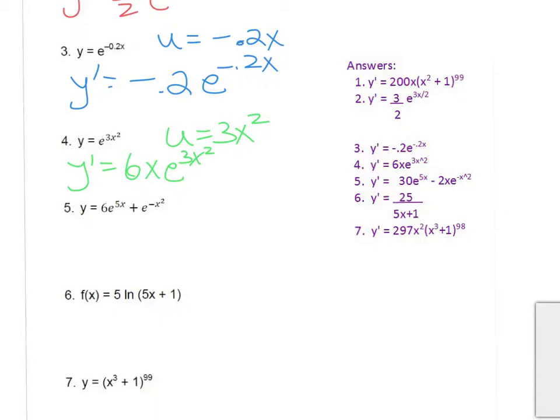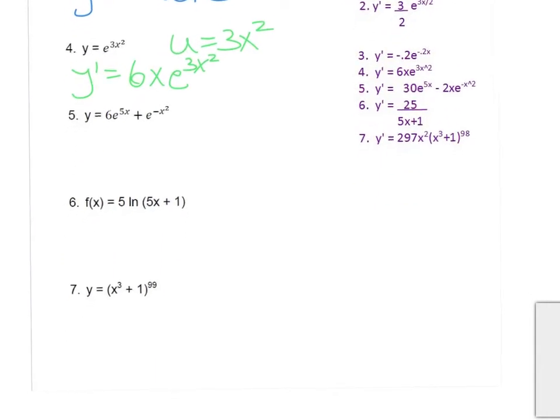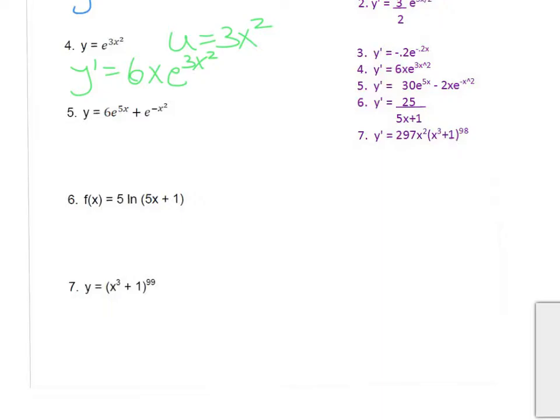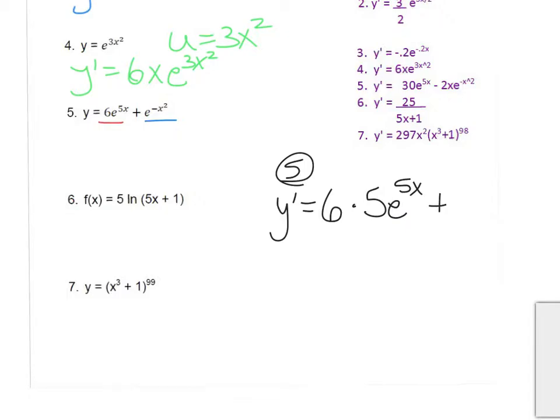And now number 5 is 2 problems in 1. So we have to find the derivative of the first and the derivative of the second, and then add them together. I'll do that over here. So for the 6 e to the 5x, the 6 carries down as the coefficient. The derivative of 5x is 5, and then e to the 5x stays the same.